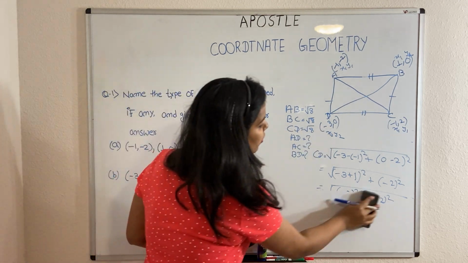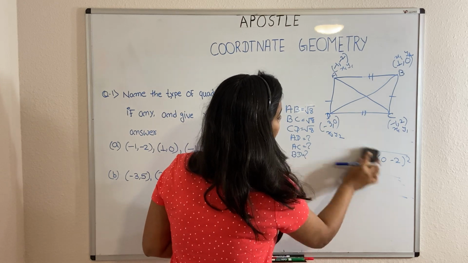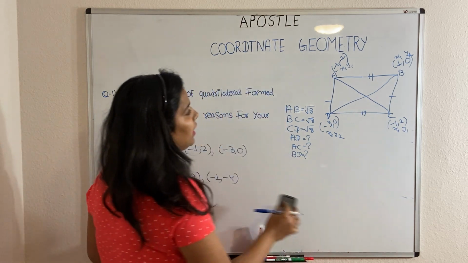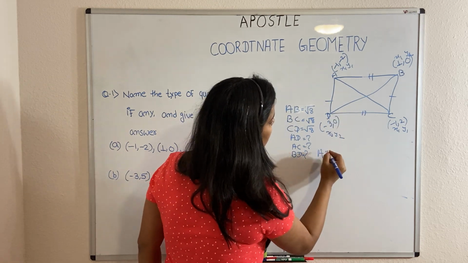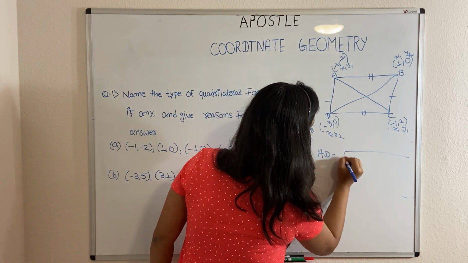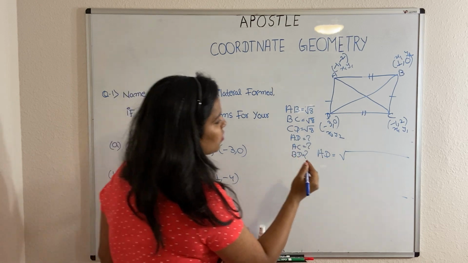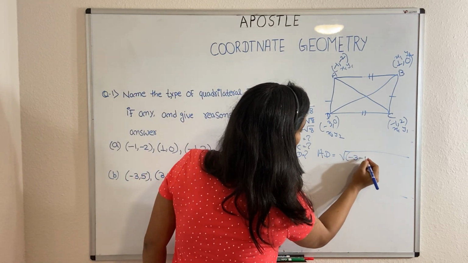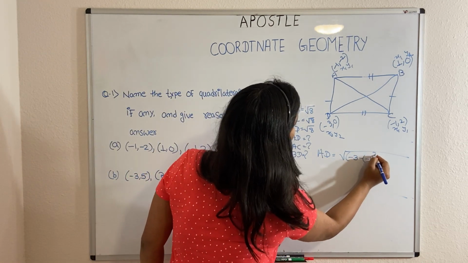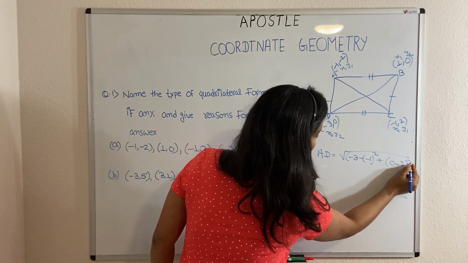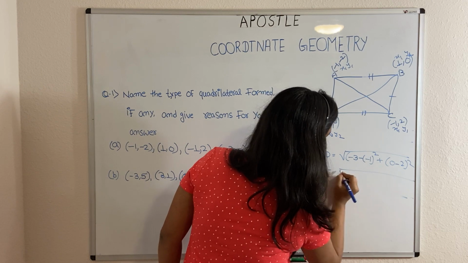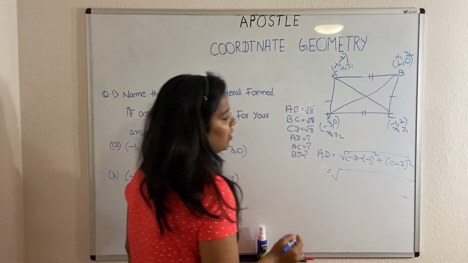Clear? Now we have to calculate AD, our last side. In the case of AD, this is x1, y1 and this is x2, y2. So x2 minus x1: minus 3 minus of minus 1 whole square plus 0 minus 2 whole square. Clear? So here is one important step, this minus minus plus.